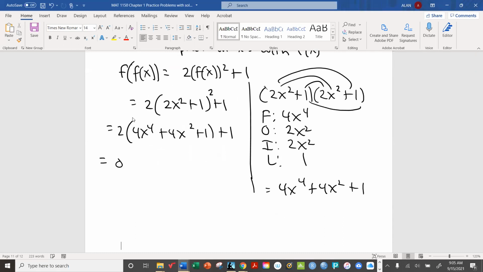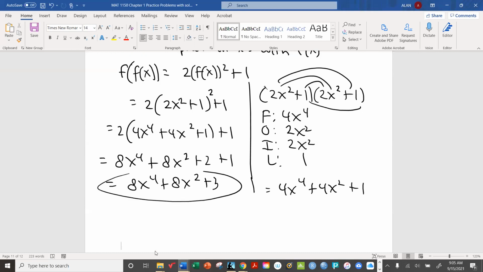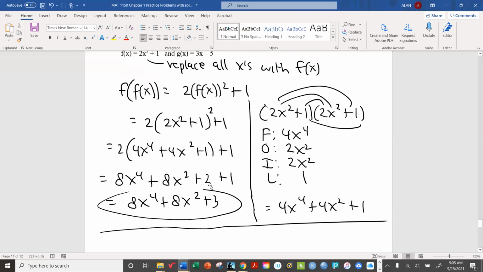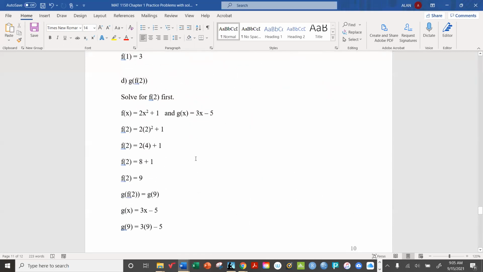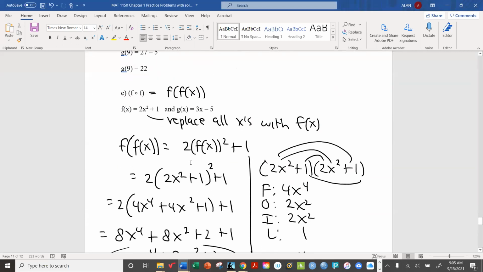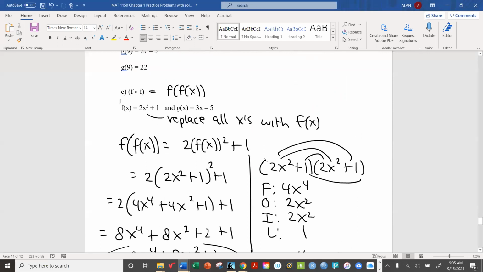All right, and when you multiply that out, 8x to the fourth plus 8x squared plus 2 plus 1. So you finally would end up with 8x to the fourth plus 8x squared plus 3. Nice, okay. So it's really no different than the ones up here, f of g of x. It's just that now it's f of f of x.